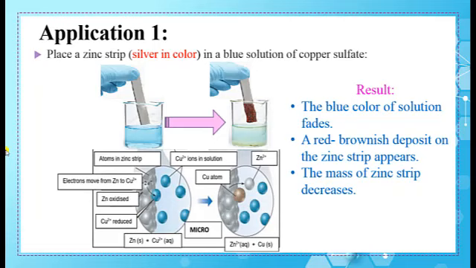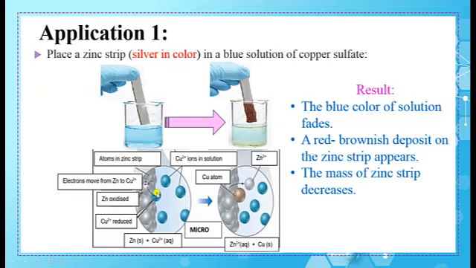At the microscopic level, look at the figure. Here, a Zn atom loses 2 electrons. When it loses 2 electrons, it goes to the solution and becomes a Zn2+ ion. These 2 electrons lost by the Zn atom will attract a Cu2+ ion from the solution.